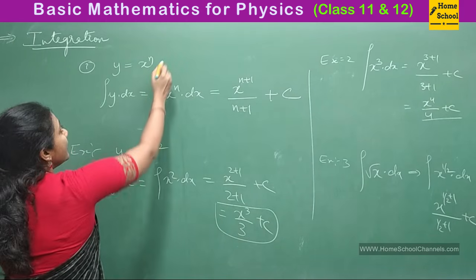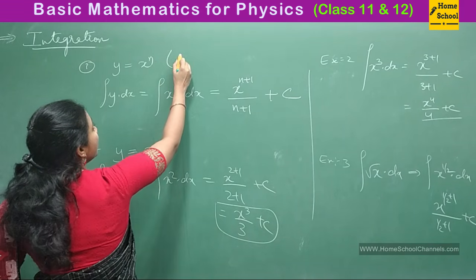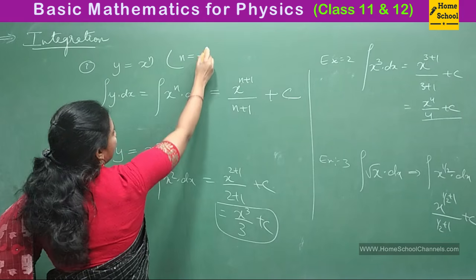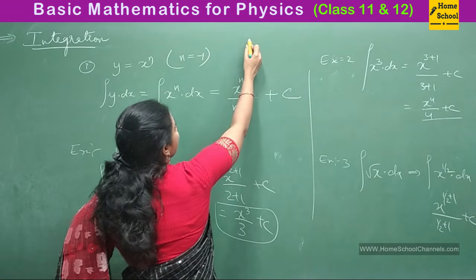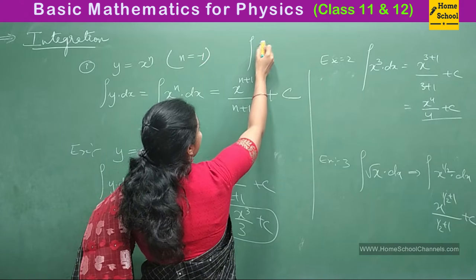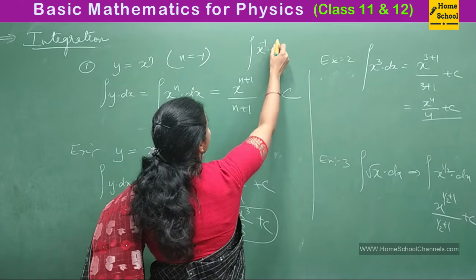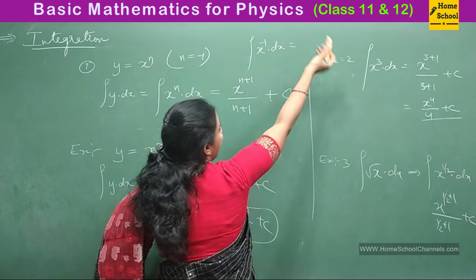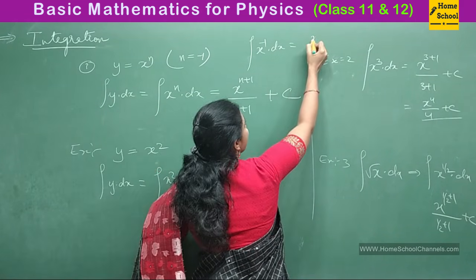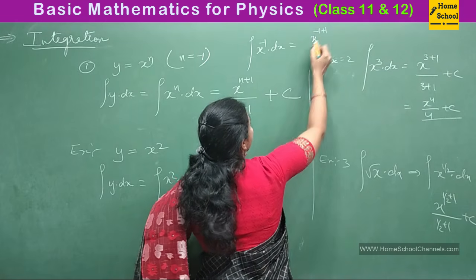And remember, this formula cannot be used when n is equal to minus 1. See, integration of x to the power minus 1 into dx. If you apply this formula, how do you calculate? x to the power minus 1 plus 1.